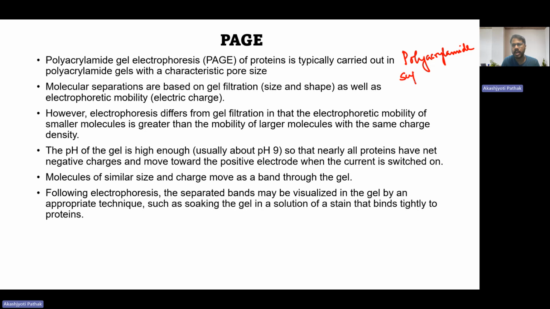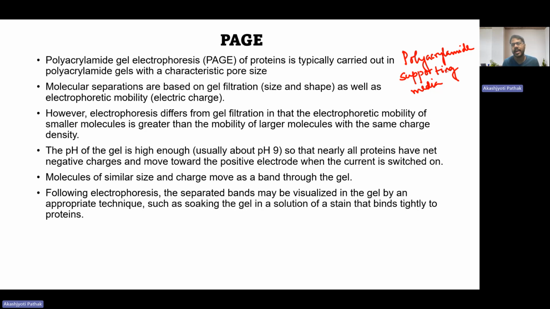Just now we learned that zonal electrophoresis is done using a supporting media. So if your supporting media is polyacrylamide, then we call it polyacrylamide gel electrophoresis. If it is agarose, then we call it agarose gel electrophoresis.